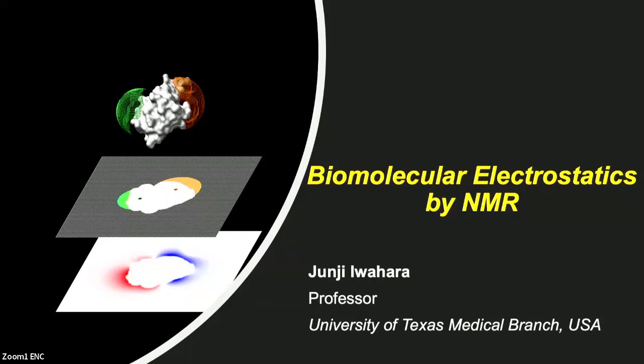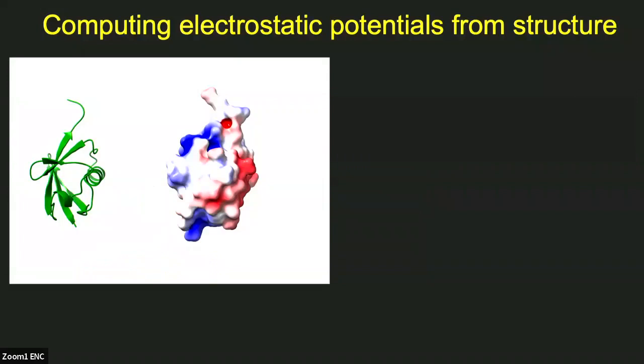Probably many of you in this audience are in the field of structural biology or molecular biophysics. And when we discuss electrostatic potentials, usually we use this kind of surface representation of the electrostatic potential.